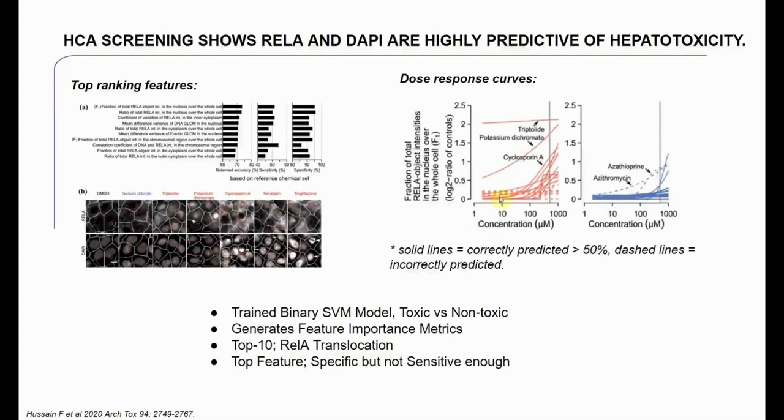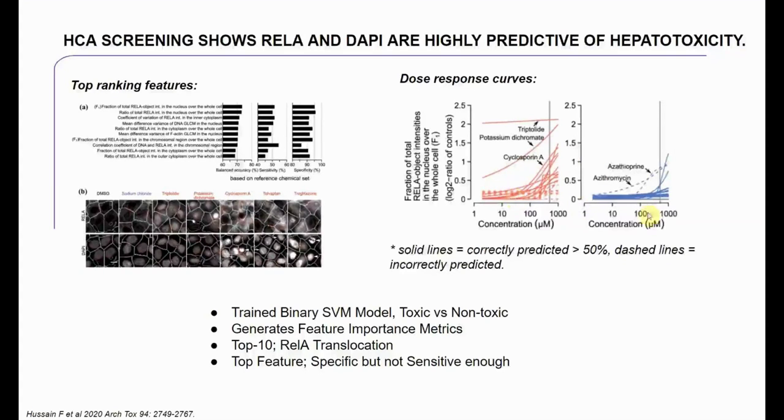And here you can see, if we use that for calling hits and for plotting dose response curves, that using this as an assay gives a very specific assay, but it's not quite sensitive enough.